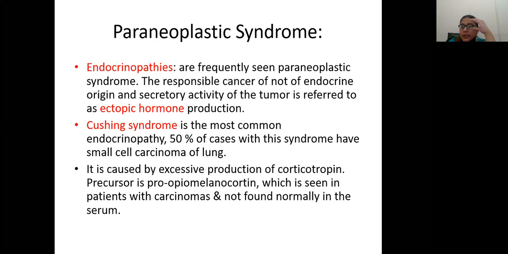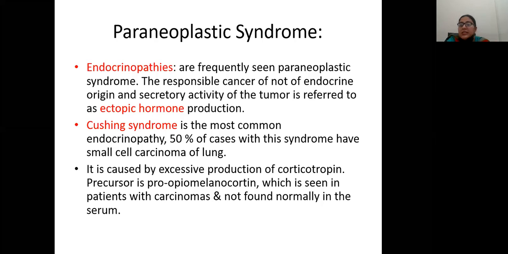The responsible cancers are not of endocrine origin, and the secretory activity of the tumor is referred to as ectopic hormone production. Cushing syndrome is the most common endocrinopathy. 50% of the cases with this syndrome have a small cell carcinoma of the lung.